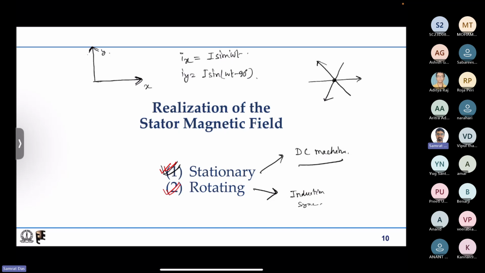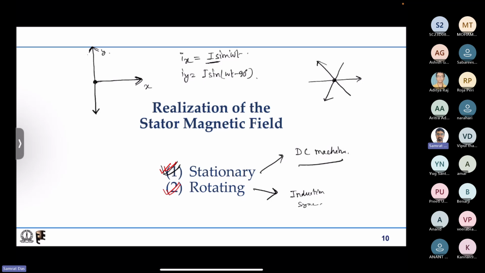So a two-phase machine is also possible. If you have two phases, put them perpendicular to each other, and excite them with 90-degree phase shifted currents, you can see this. Say for 0 degree, omega t equal to 0, ix equals I sine 0, which is 0, and iy is I sine of minus 90, so minus I, so the vector is here.